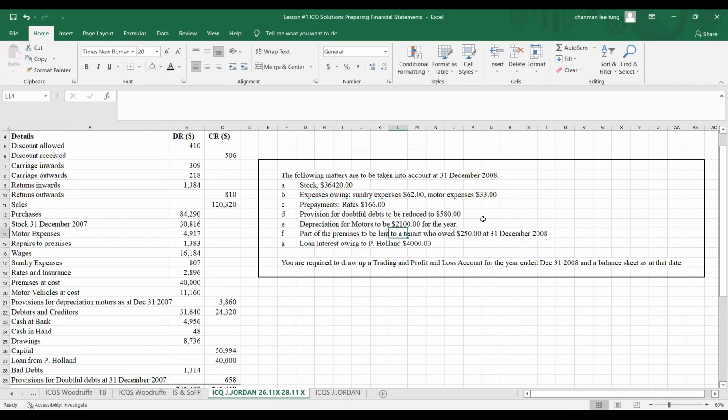So are you all seeing anything that's relating to any expense, any stock? Any expenses owing, we accounted for this already. Prepayments, we accounted for that. Provision for doubtful debts, we accounted for that as well.